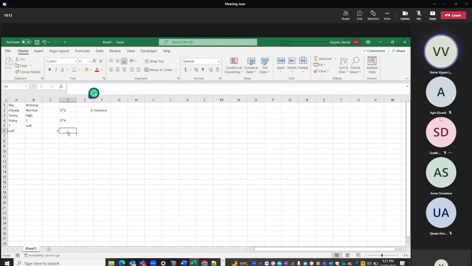Then we are taking the rest of the instances. So it will become 4 into 3. Here we will add 4 into 3, 12, 12 plus 1, 13. That will be the semantically distinct hypotheses.